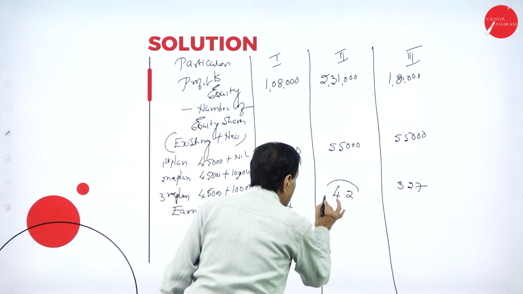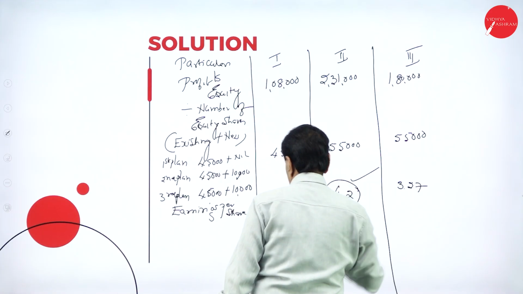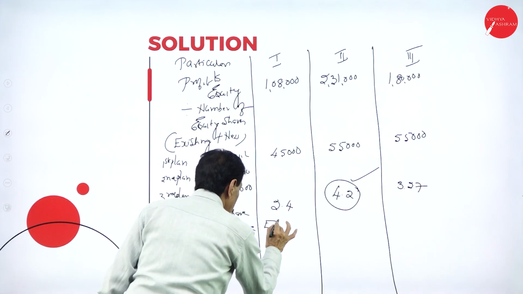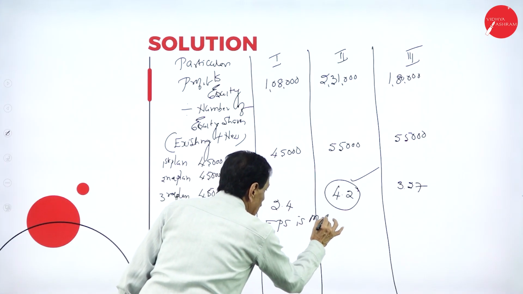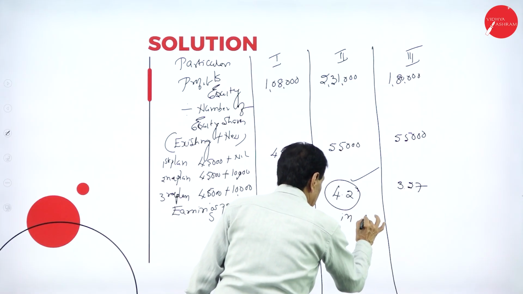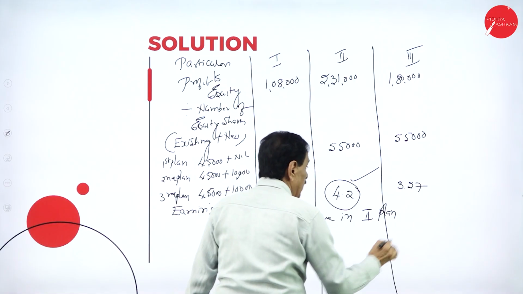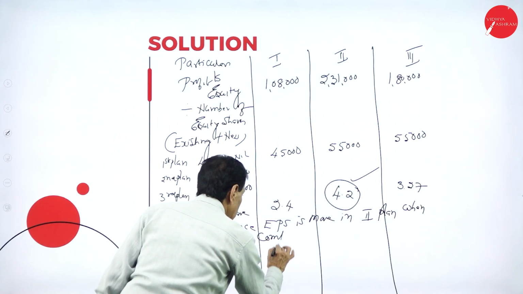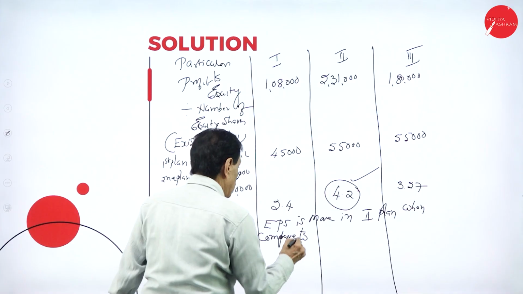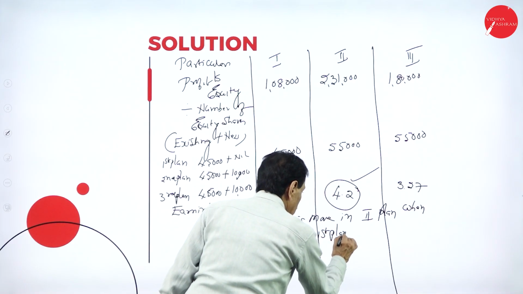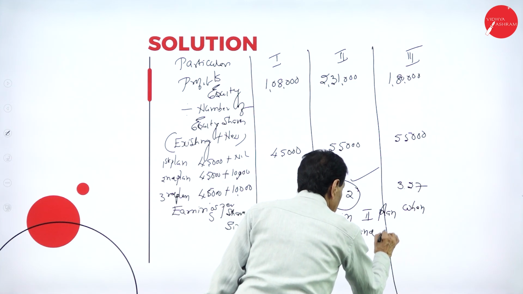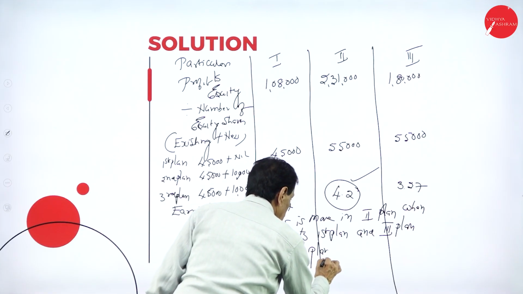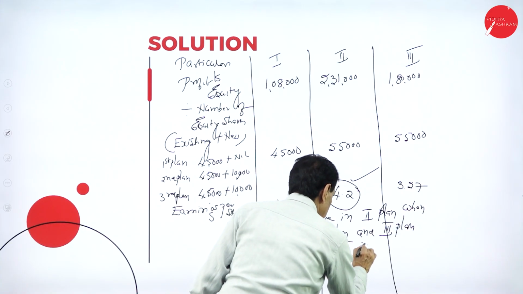So since EPS is more in second plan when compared to first plan and third plan, plan 2 is selected.